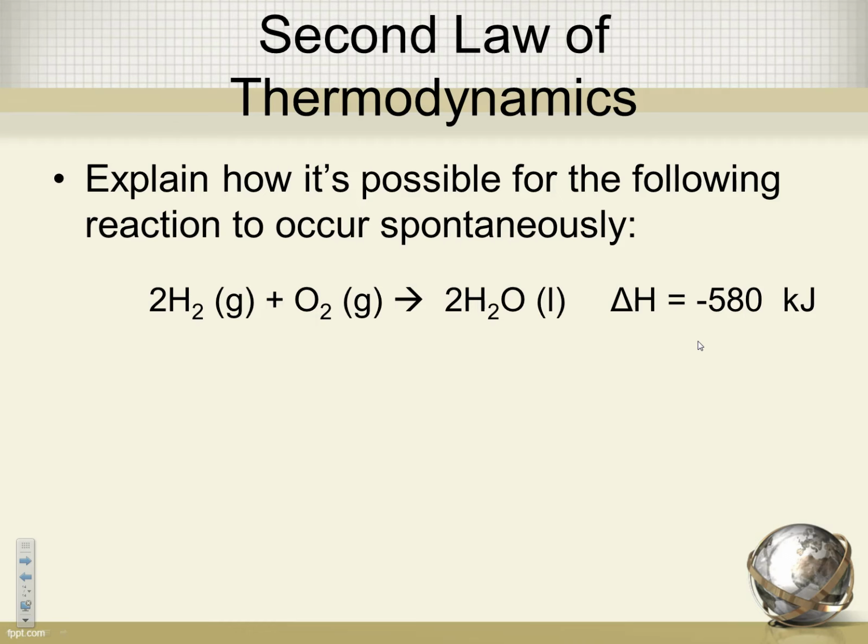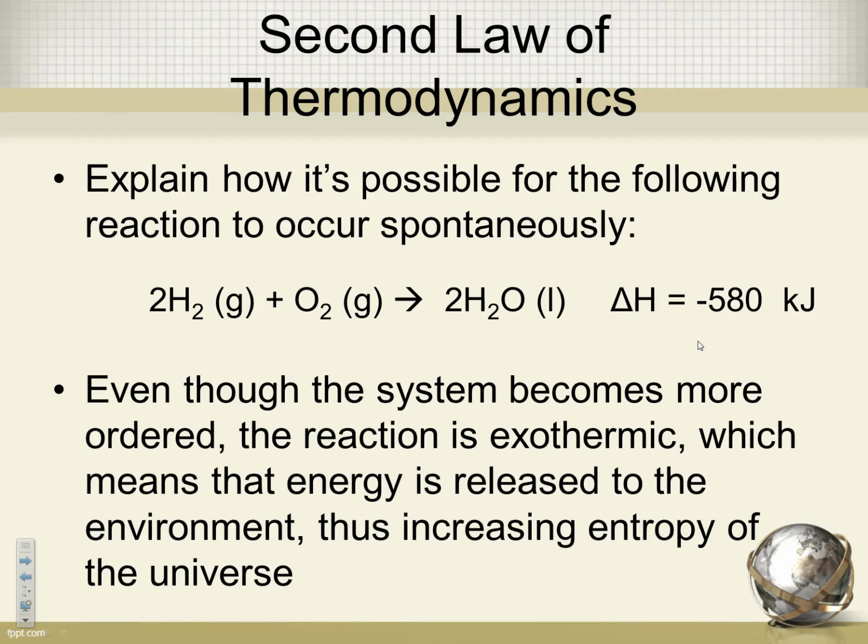So in this case, this is a spontaneous process because along with the decrease in entropy we have from going from hydrogen and oxygen molecules into water molecules, we have an increase in entropy that is greater by releasing extra heat into the environment because it's an exothermic process. So you can read that explanation right there below.